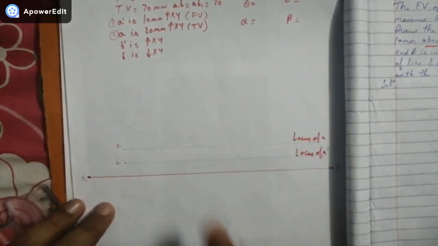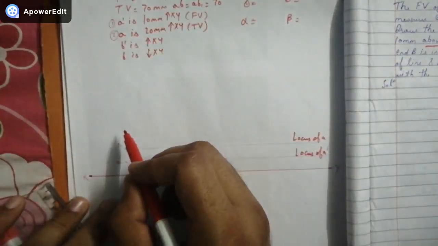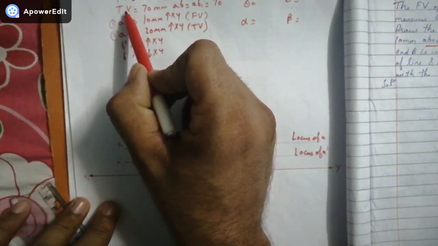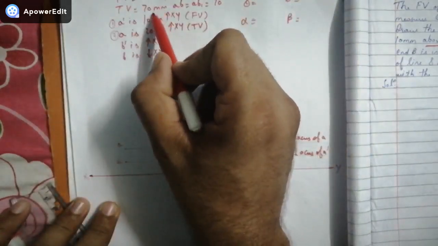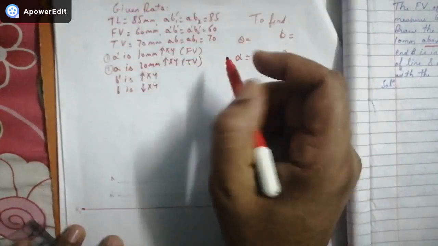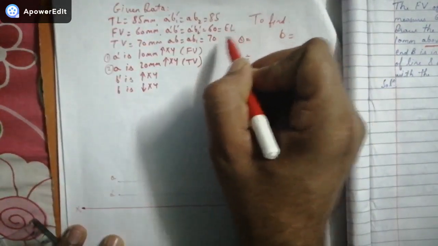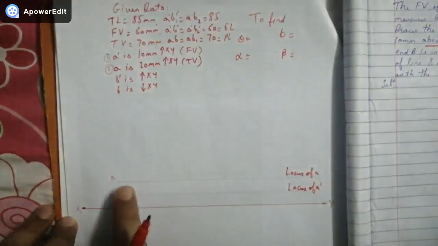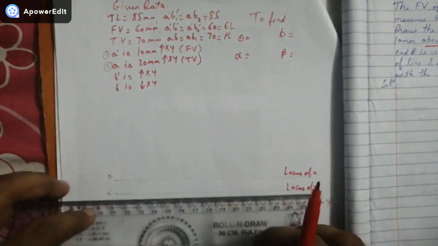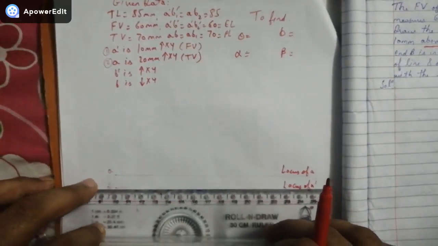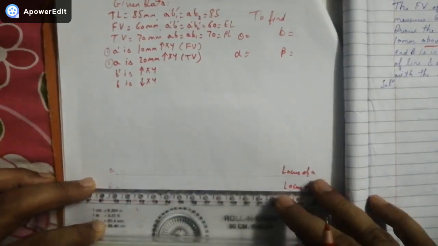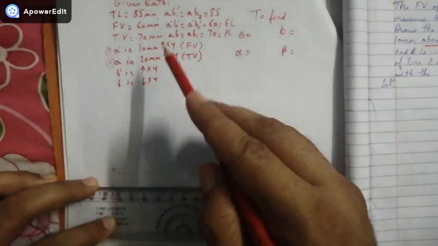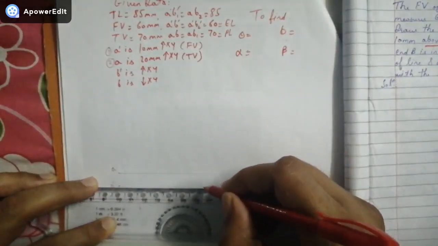To proceed further, what is the third information that we can use? Friends, we have to use the front view and top view, that is nothing but the elevation length and the plan length. For our reference, I can mention it: this front view length is equal to the elevation length, and top view length is equal to the plan length. Why do we do it? Because we can plot it parallel to the XY line. From A dash, the B2 dash point we can plot over here, that is the front view length, 60 mm.